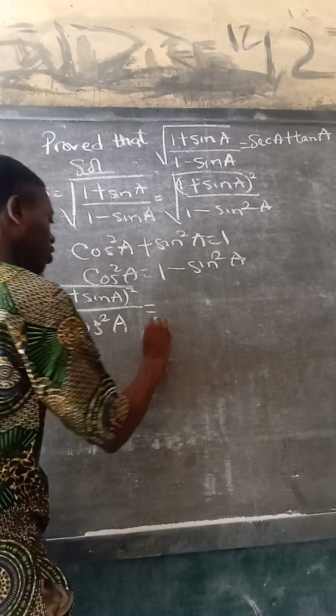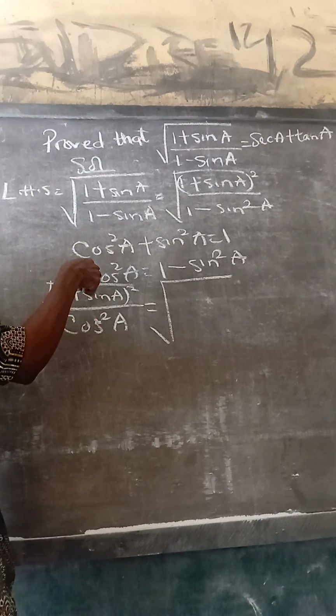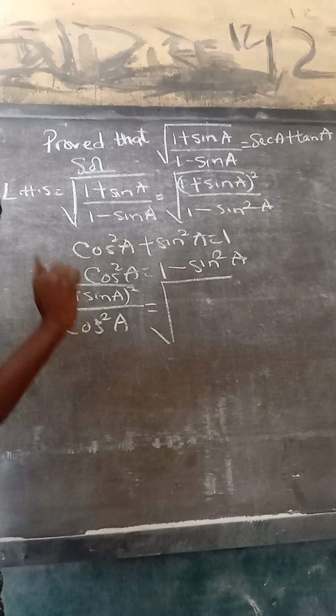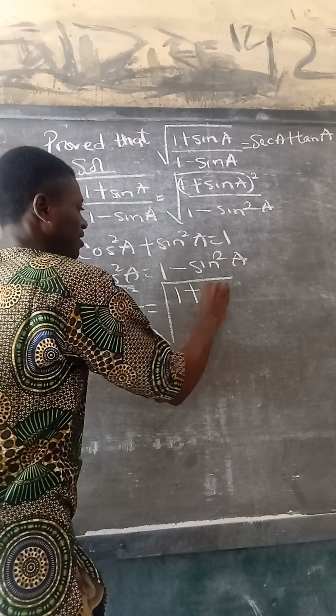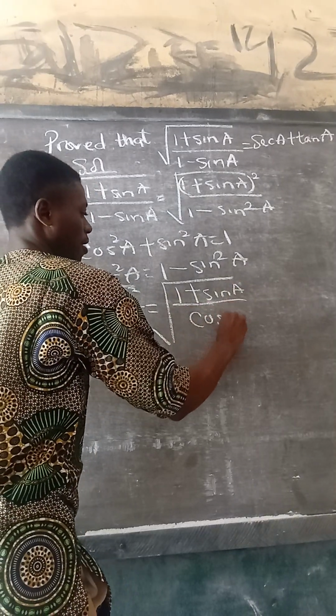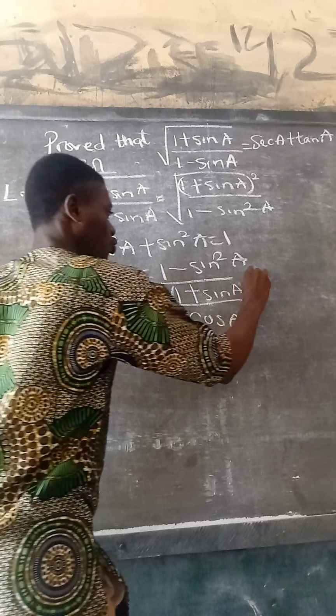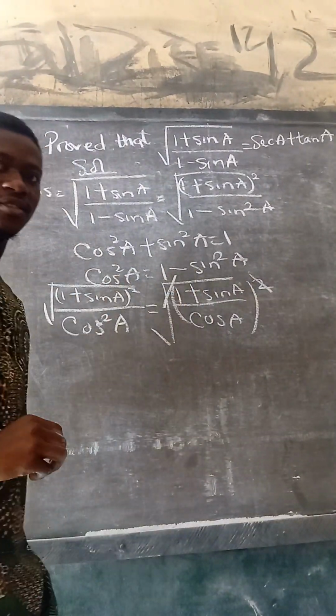So we have equals the square root of, we can give this numerator and denominator a single square. So it's going to be (1 plus sinA over cosA) all squared. Then we eradicate the square root. So what do we have left?